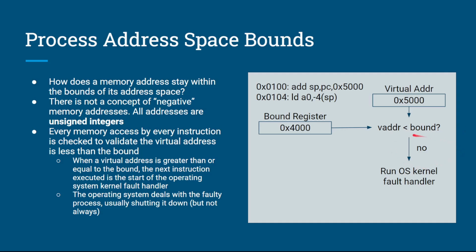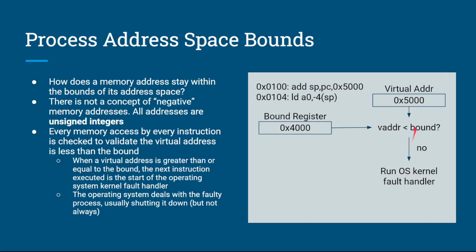So what do we do when it fails? Well, the CPU does not allow that instruction to continue running. What it does is call what is called a memory fault handler. The operating system kernel has a special routine that takes care of these memory faults.